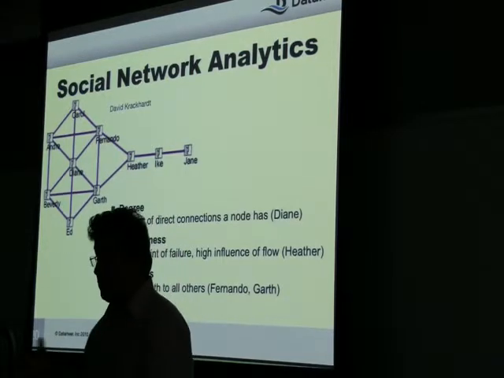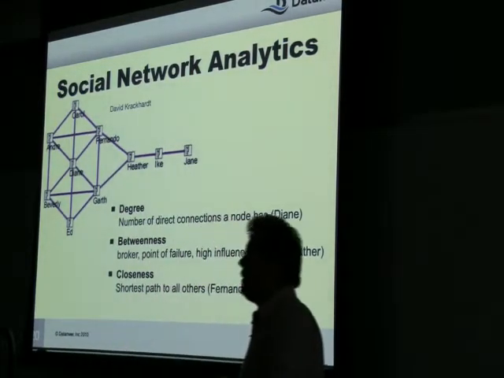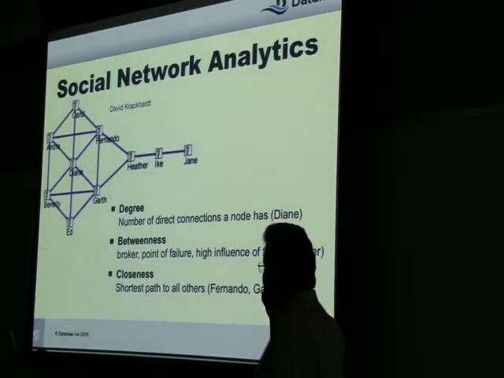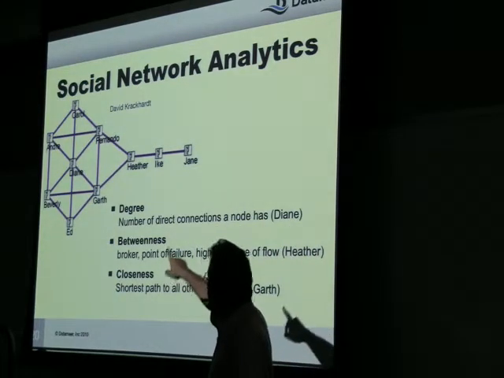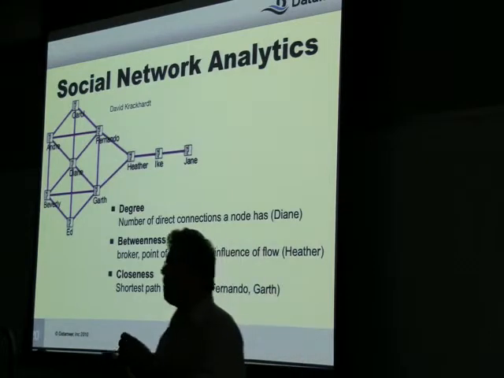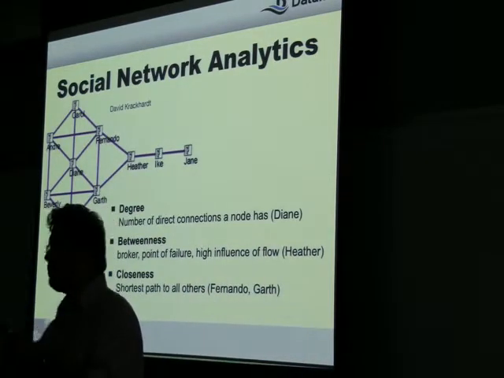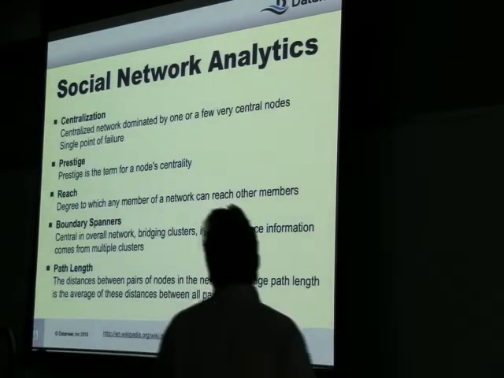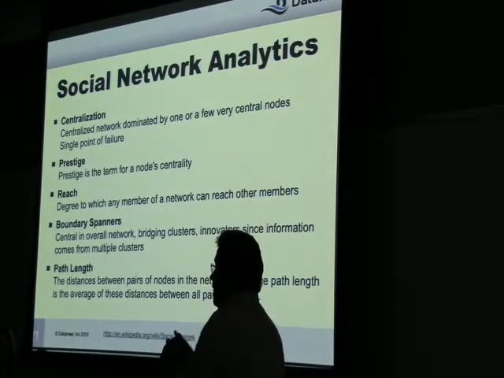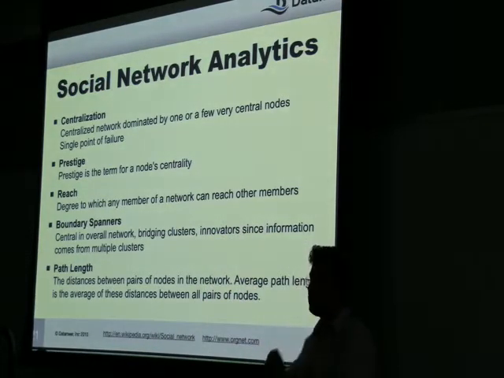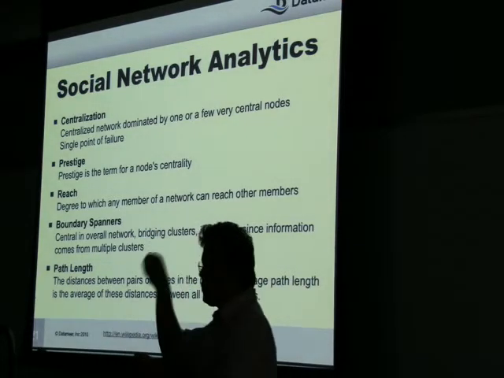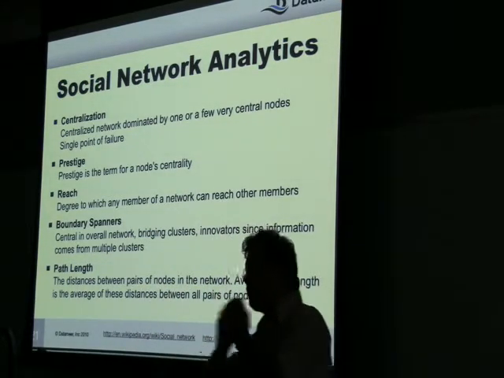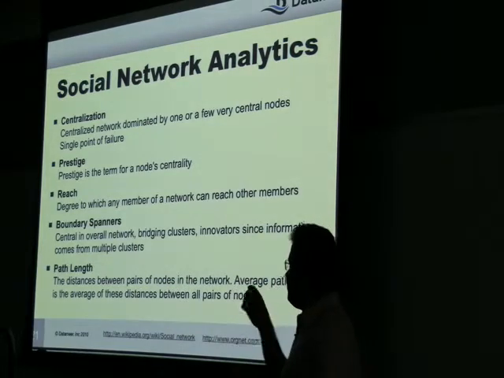So if you want to invite someone for lunch to get your ideas through, that's maybe where you go. Okay, so closeness, shortest path. If you look at Fernando and Gab, right, if they have to spread something, they need the lowest number of hubs to get to everybody. There are things like centralization. If you have a network that has a high centralization and your central point fails, then your network obviously falls apart.